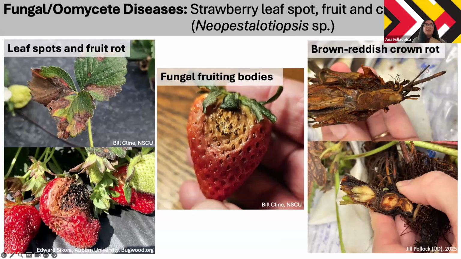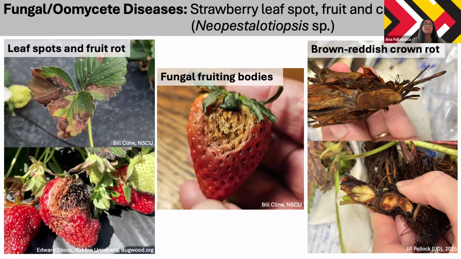On the leaves, we see leaf spots that can look pretty generic, but they are often surrounded by these reddish discolorations. Although that is also a color that, because it's strawberry, it tends to have when disease happens.